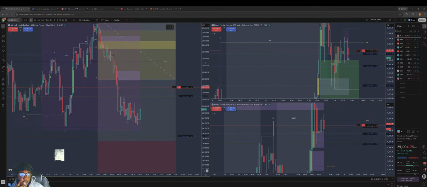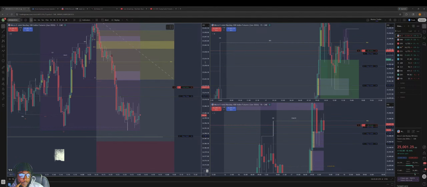All right, you got these buyers pushing up, and sellers pushing them right back down. See, this is a tug of war right here.